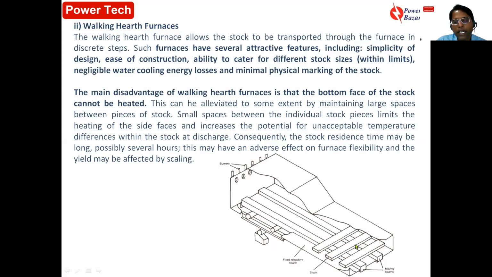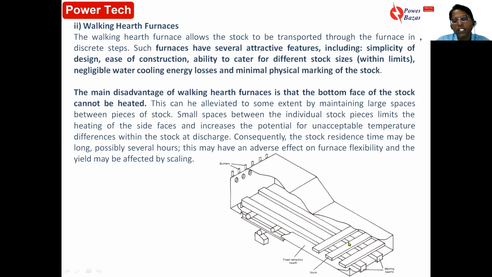Now, when material enters, what happens? This roller moves like this. Once you move upward, the material gets moved. Then again it is put down, and again it is moved downward and backward, so that the material rests again and the beams come back.